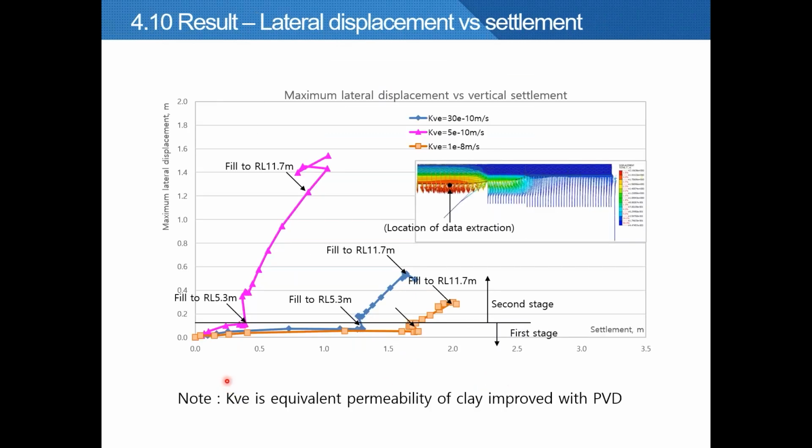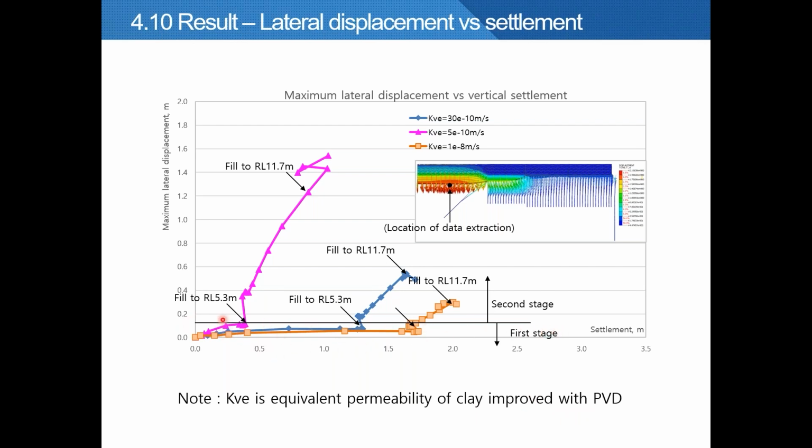Now, this is the plot of the lateral displacement plotted against the settlement below the embankment for various kVE. kVE is the equivalent permeability of the clay improved with PVD. There are two parts of the movement.